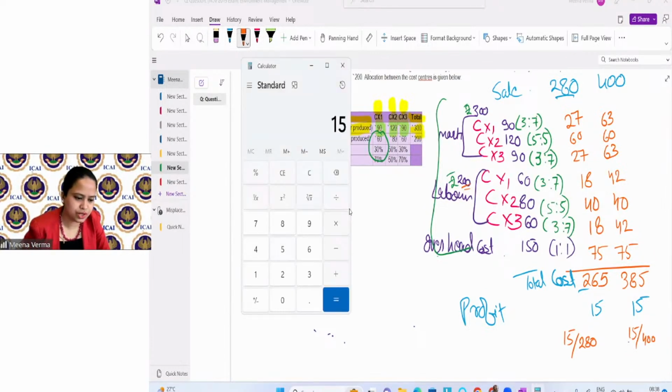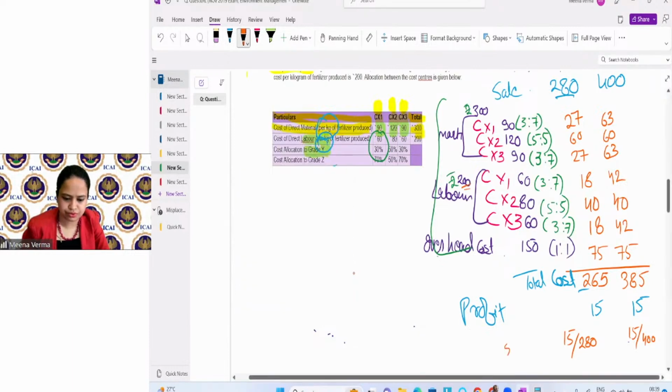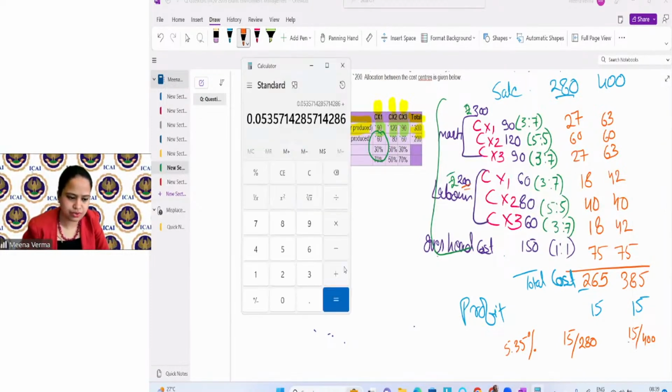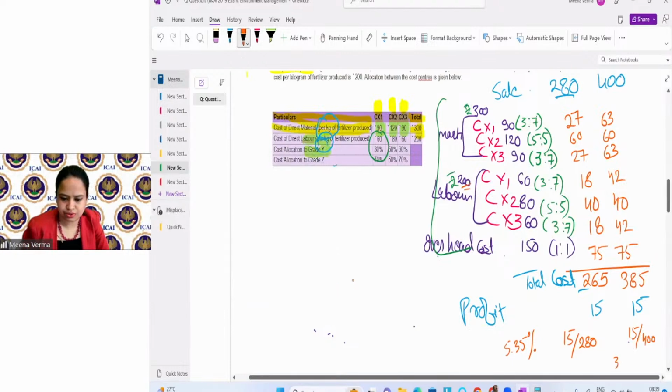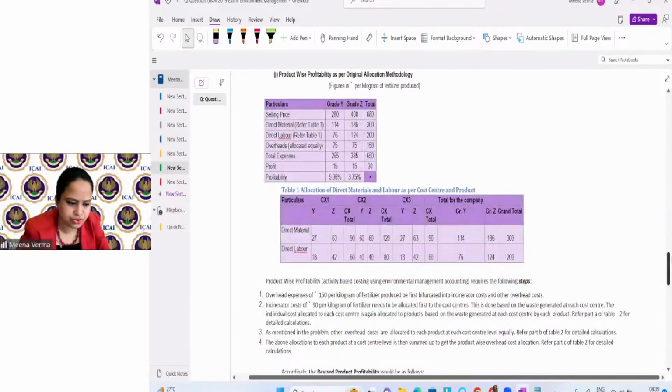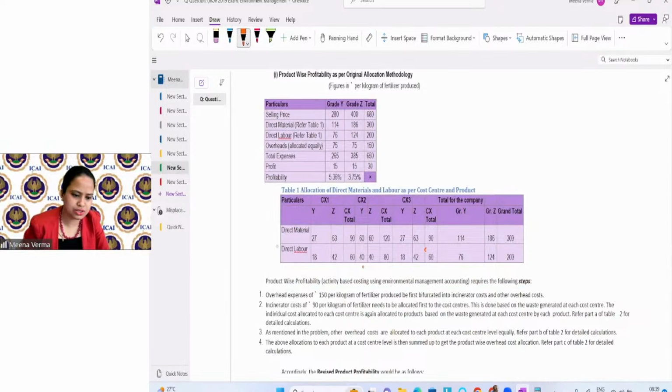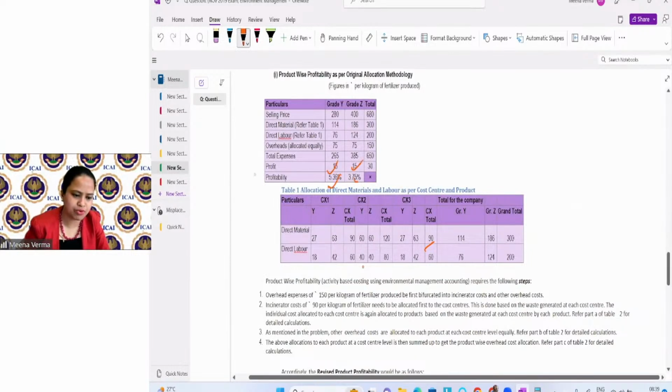So 15 divided by 280, 5.35%. Right, and this one, 15 divided by 400, 3.75%. Right, so the point is that in this way you can find the profitability ratio, right? You can see this is the profit coming here, this is the profitability ratio.